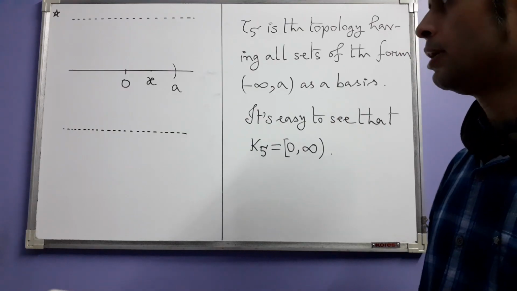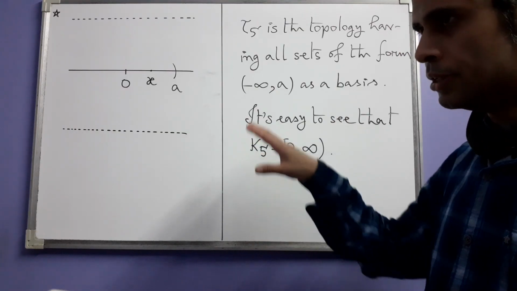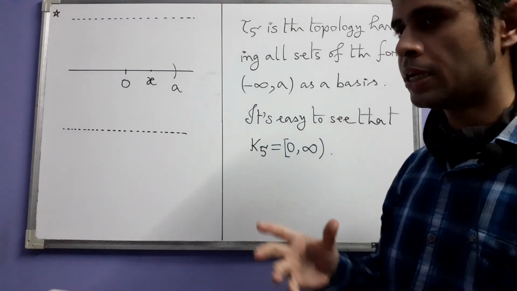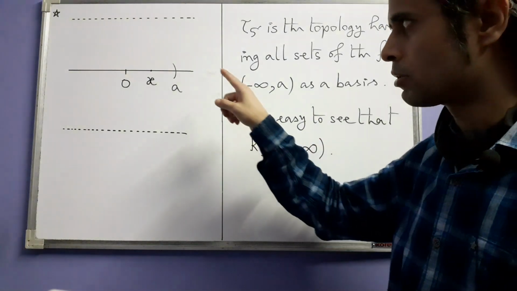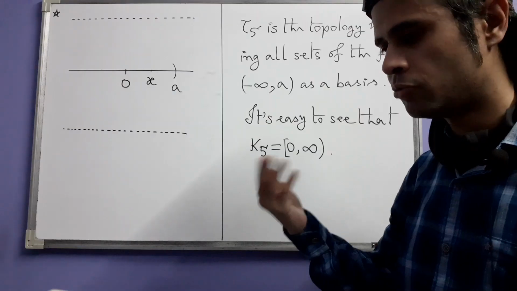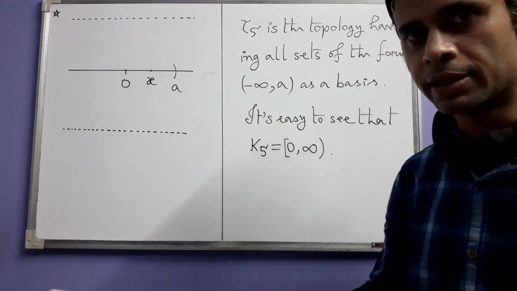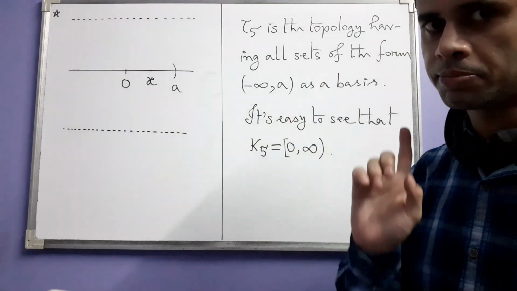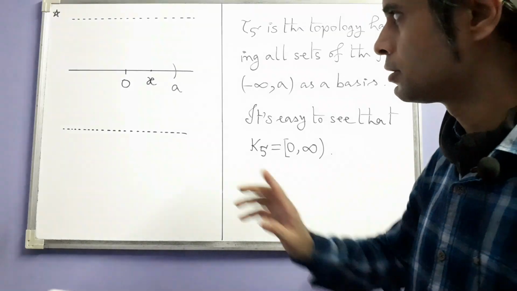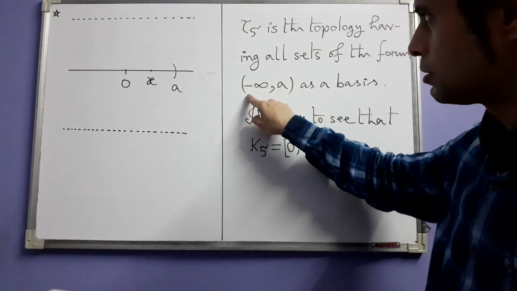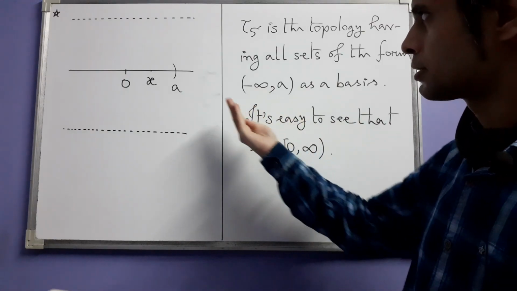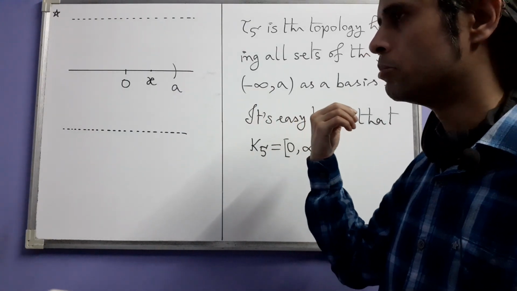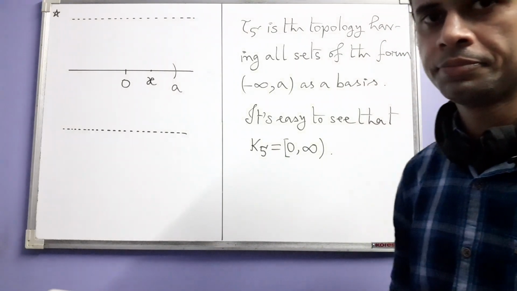Well, for that to happen, this should be the case. If you choose an arbitrary basis element in this topology that contains x, then that basis element should also intersect our set of reciprocals of positive integers. Any such basis element will be a ray like this, which say starts at a point and moves leftward.